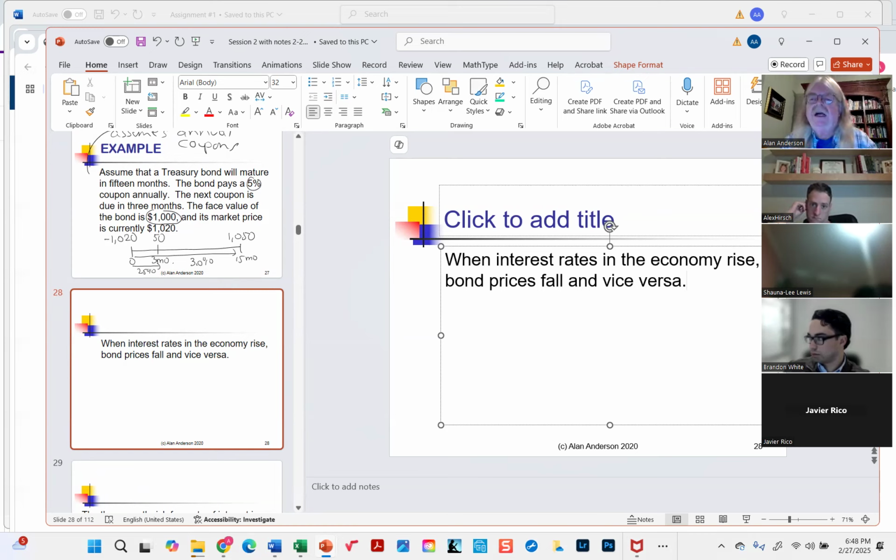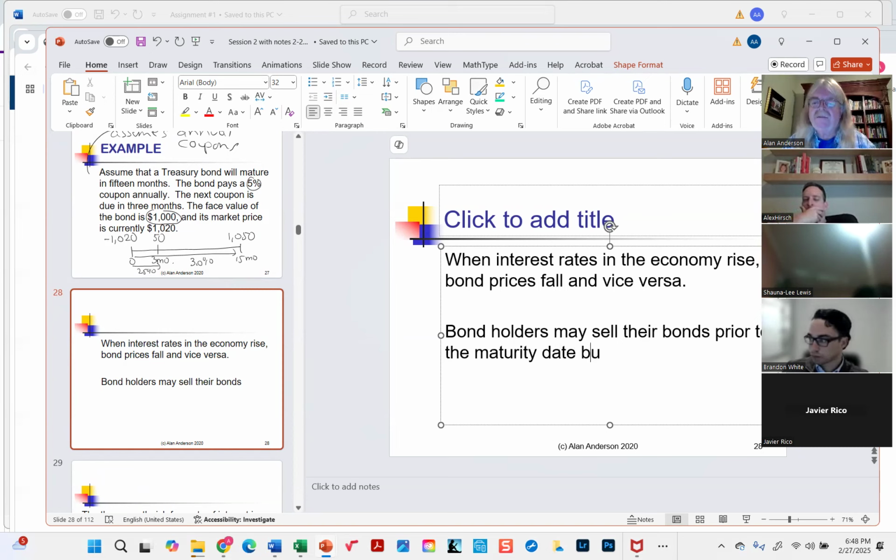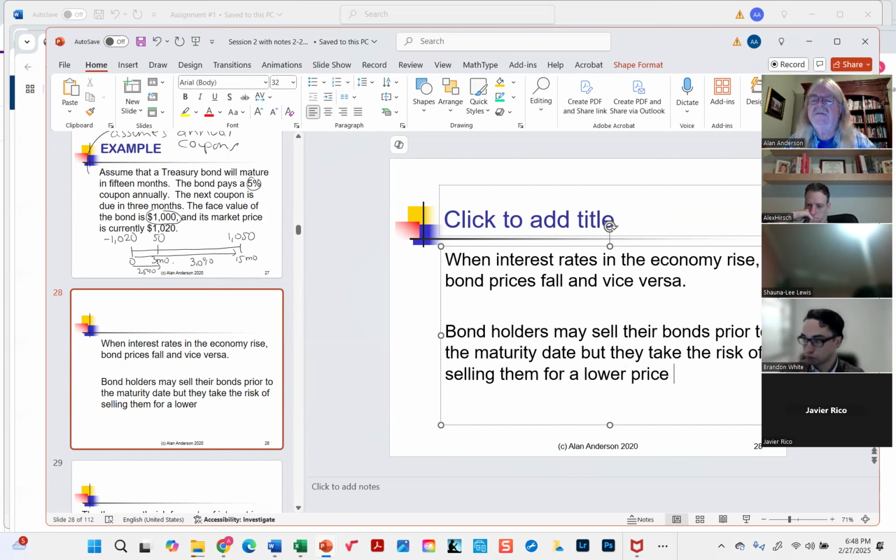Okay. Now, by the way, bondholders may sell their bonds prior to the maturity date, but they take the risk of selling them for a lower price than they paid for them.